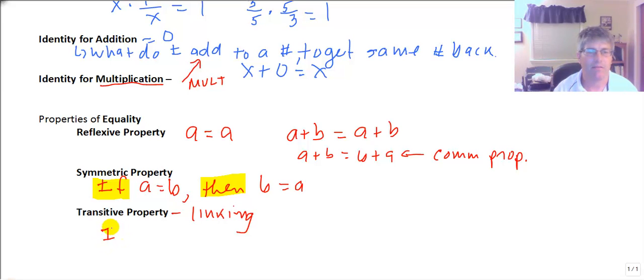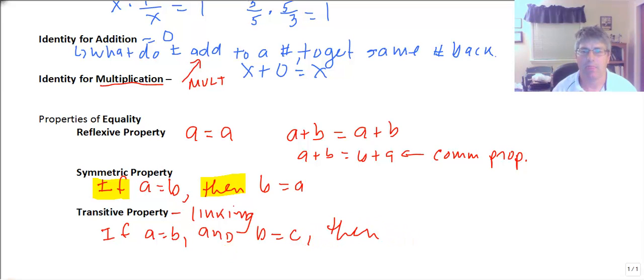And it says, if A equals B and B equals C, so we've got this link with B, then A must equal C. So A equals B equals C. Okay? Our link here is with the B, and that's the transitive property. If, and, then is transitive.